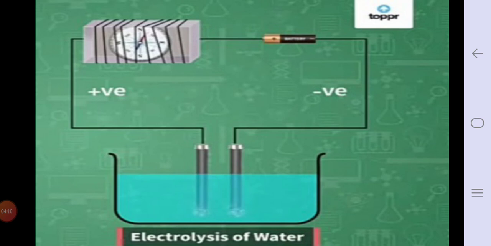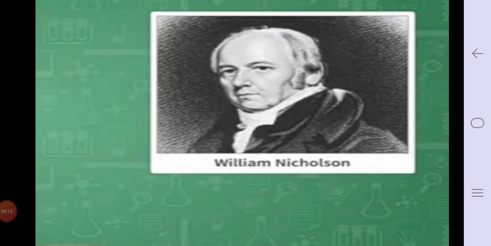And this is called electrolysis of water. Now who found this out? This is the scientist who discovered this in 1800. He is a British chemist, William Nicholson. He was born in 1753 and died in 1815.